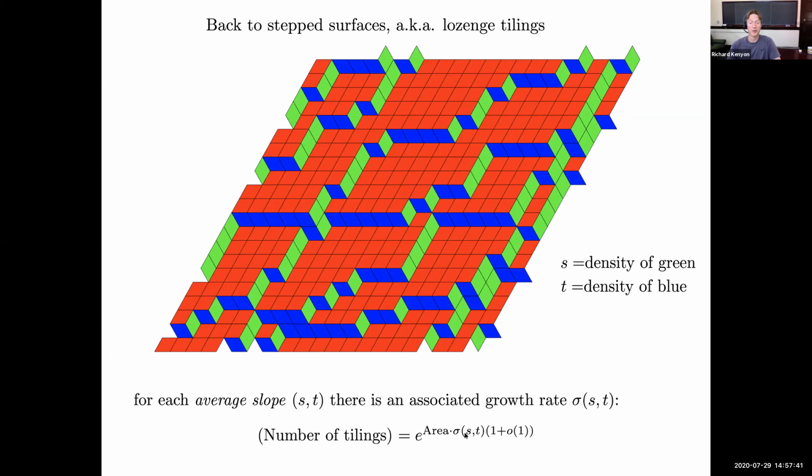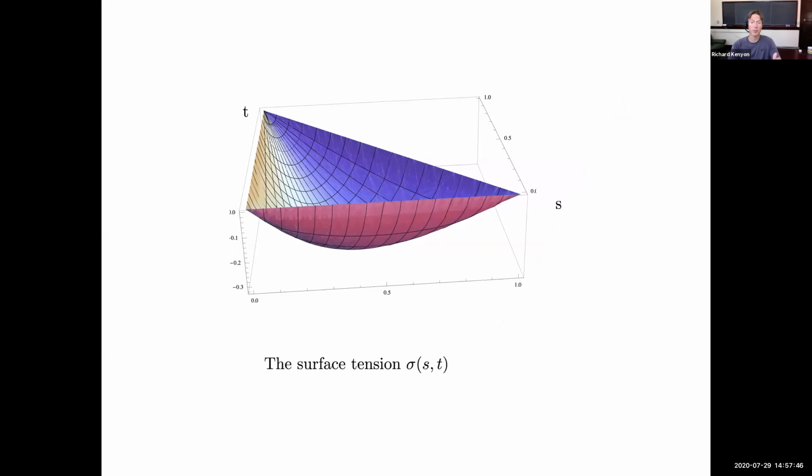So there are determinantal techniques for computing this sigma S, T. And in fact, there's a plot of the surface tension sigma, which is now a function of S and T. And of course, S and T are densities, and they sum to less than 1, because the third density is the density of reds. And so the sigma is only defined on this triangle with vertices (0,0), (1,0), and (0,1). And if you like, you can define it to be infinite outside that triangle. And as you can see, it's indeed a convex function, that's important for the uniqueness of the limit shape.